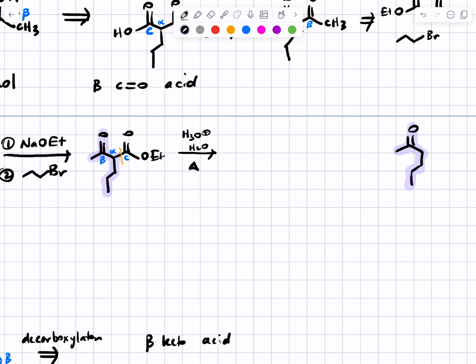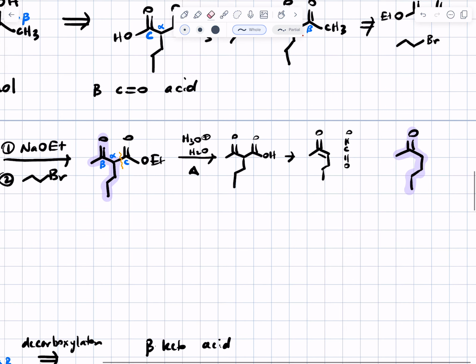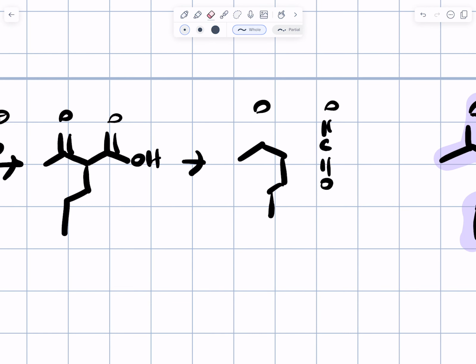But if I want to draw intermediates along the way, after ester hydrolysis, I have the acid. After decarboxylation, I have the enol, except that's not an enol.